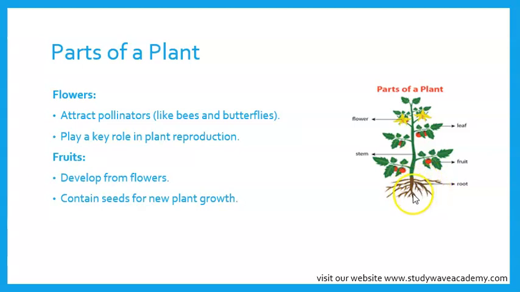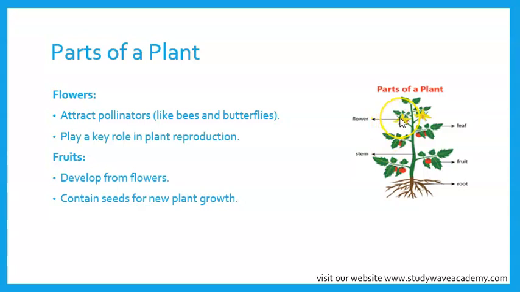We said the roots, they hold the plant in the ground, drink water and eat nutrients from the soil, right? And we said the stem keeps the plant standing up, carries water and food and nutrients, right? Then the leaves, they catch sunlight to make food and also release oxygen into the air, right?